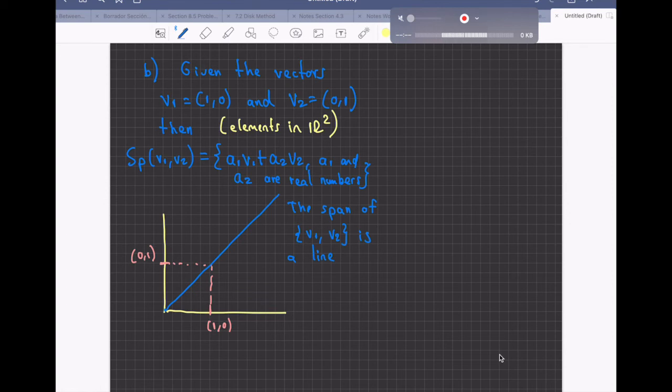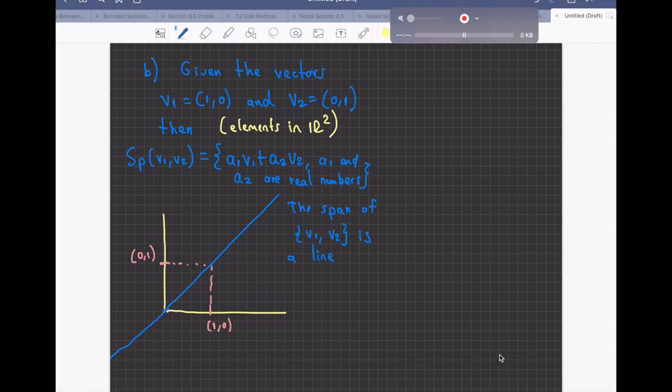Because the sum of any of these two, A1 B1 plus A2 B2, is going to be points in this line. So in this case, the span is only this line. That okay?